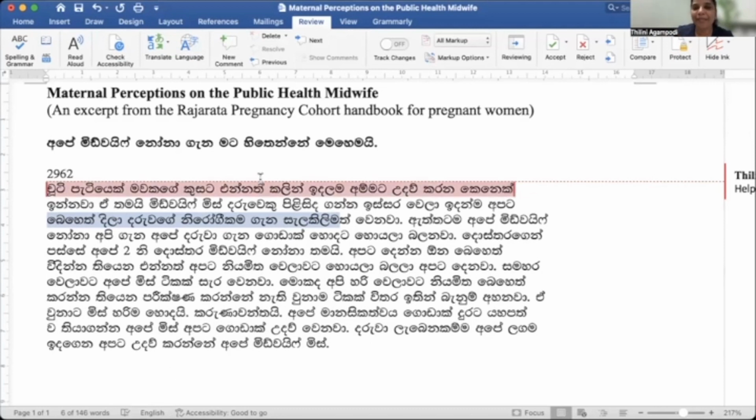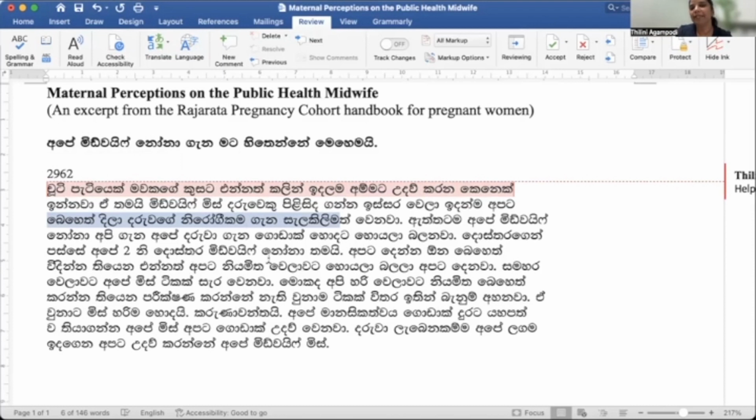So by coding here, now not many countries have public health midwives. Maybe Sri Lanka is the only country which has public health midwives, and to inform others that preconceptional care is provided, it's a huge thing. So that's why you don't miss anything.